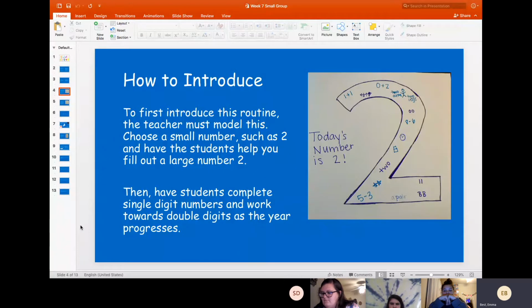So choose a small number, such as 2, and have the students talk you through how to fill out the 2. You can throw out some ideas like, oh, I know 2 circles represents 2. Then as the students complete single digit numbers, they can work towards double digits as the year progresses. That way, you're starting out at a number that every student can understand, and then work your way up to like 82.